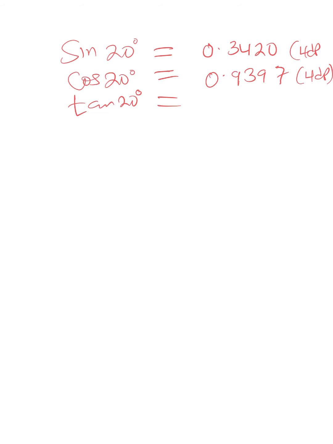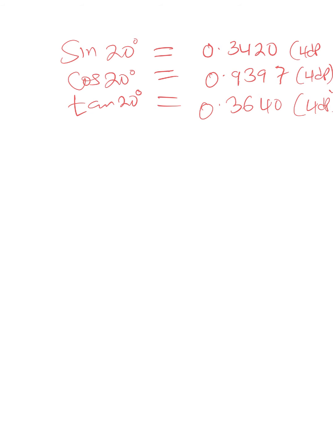That's the degree of accuracy I'm stating for you. What about the tangent? Tangent of 20 degrees is going to be 0.3640 if you write this to 4 decimal places. So they are all positive ratios because 20 is an angle in the first quadrant where all ratios are positive.